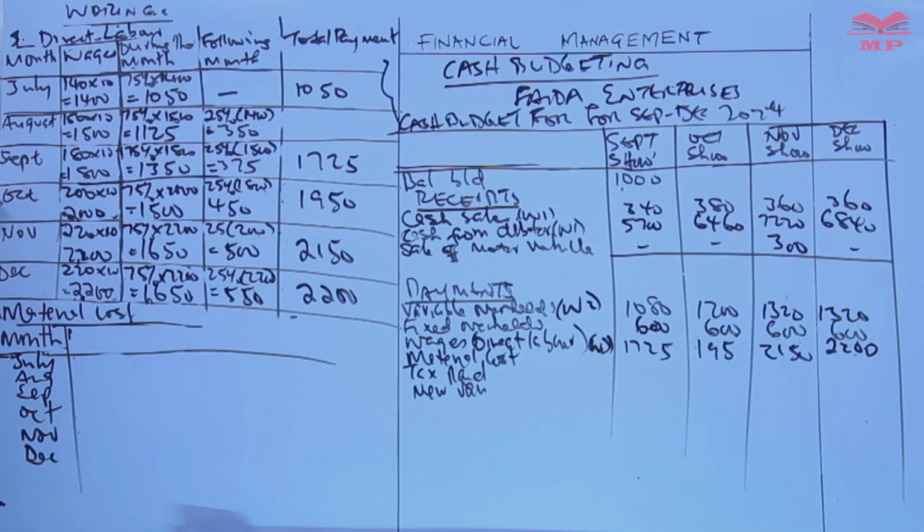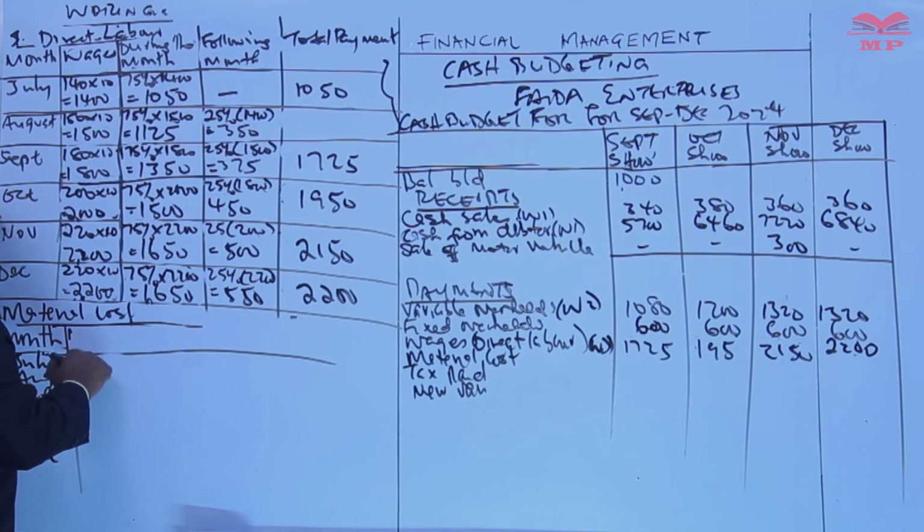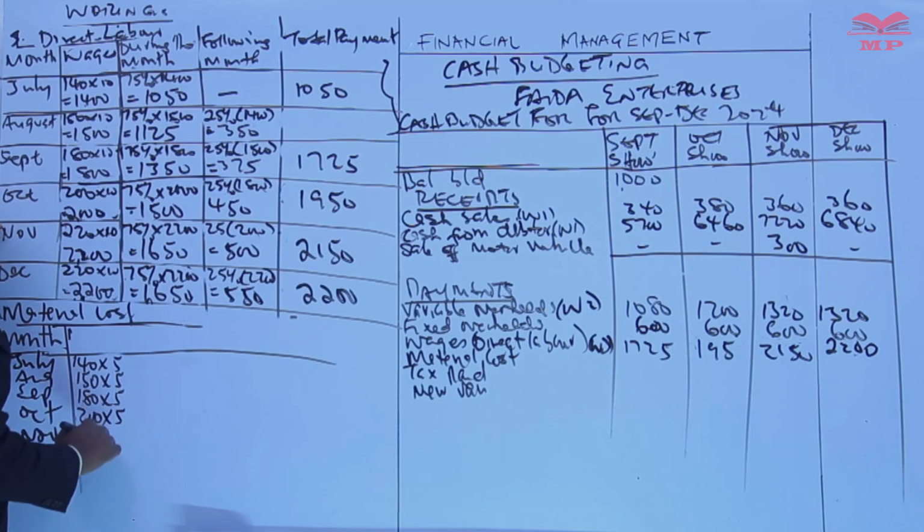It is 5 shillings. So it's 140 times 5. Then 150 times 5. Then I have 180 here. 180 times 5. October 200 times 5. November 220 times 5.